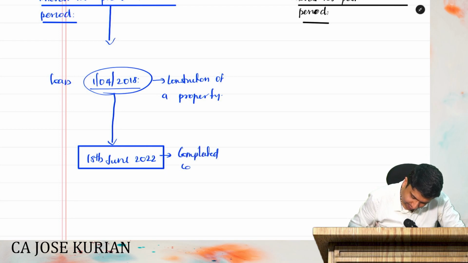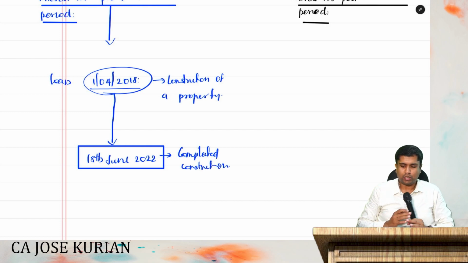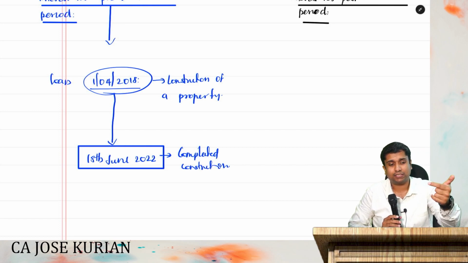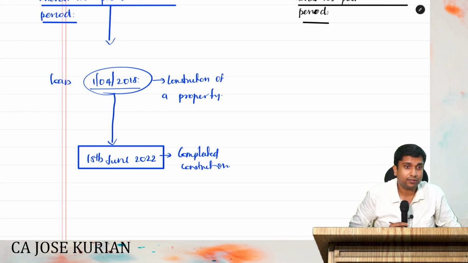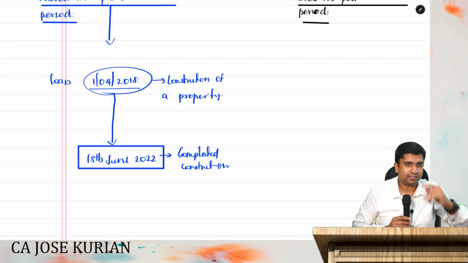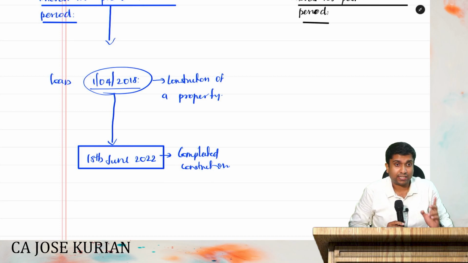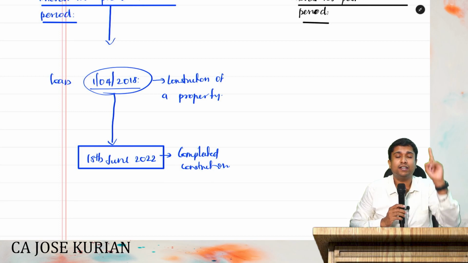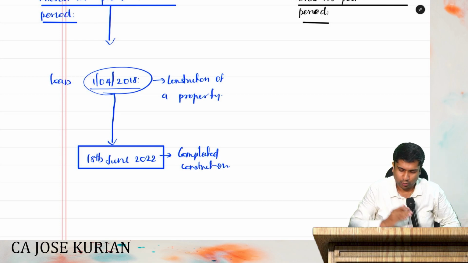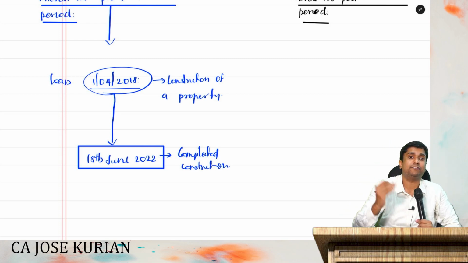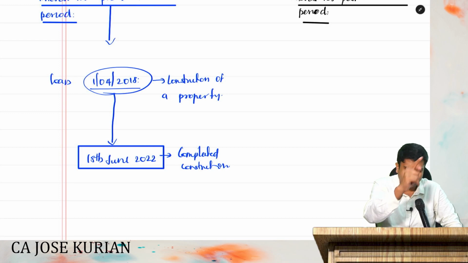So what is the criteria to check whether the property's construction is completed or not? Date of receipt of completion certificate. That is the criteria. So on 15th June 2022, I received the completion certificate. Now let me ask you one question.